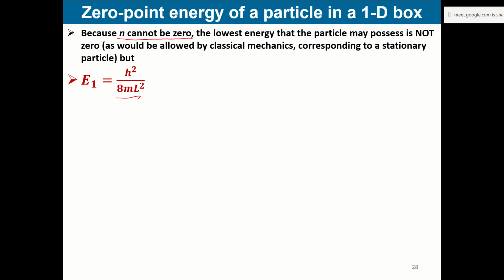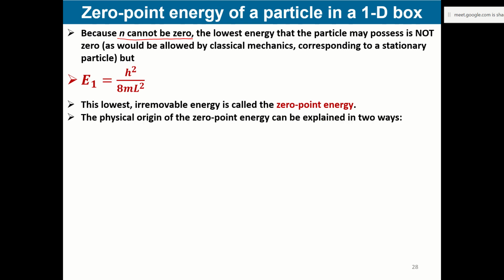Even if you reduce the temperature, bring it to 0 Kelvin, some energy of this amount will remain with the system, and that is called zero point energy. This lowest possible energy which is irremovable is called zero point energy.